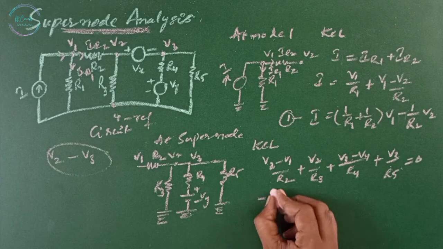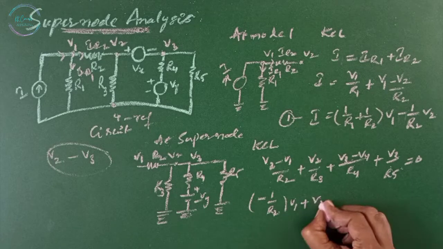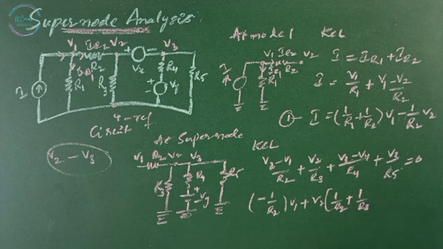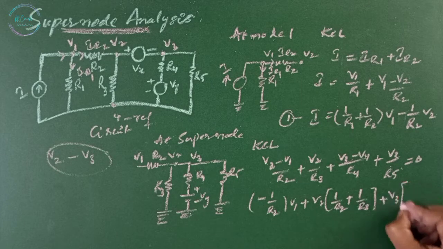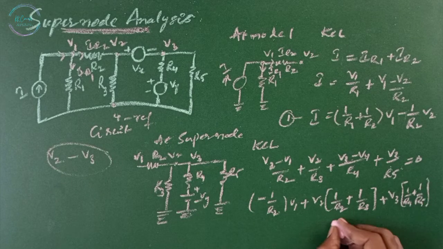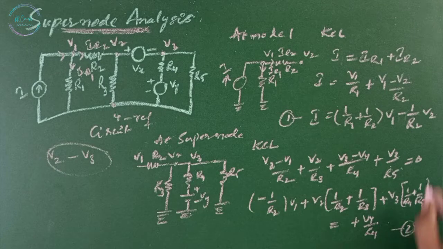Now rearranging, (1 by R2) of V1 plus V2 of (1 by R2 plus 1 by R3) plus V3 of (1 by R4 plus 1 by R5) equals Vy by R4, which is equation number 2.